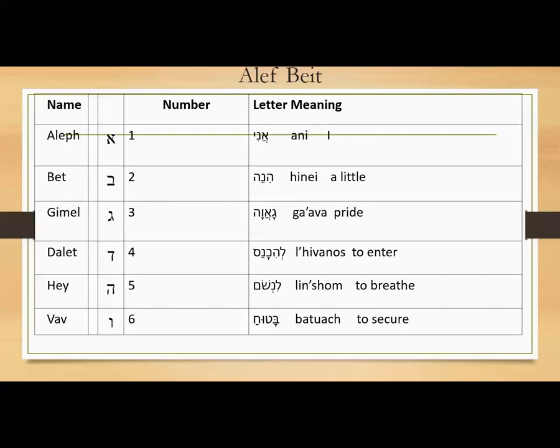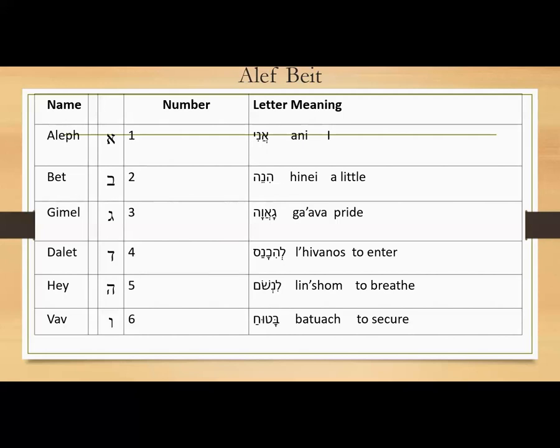Right, let's start. Aleph. Aleph is number one. That is the first letter of the alphabet. And our word is, who wants to read that for us? A-N-I. Well, it's Ani. Ani, yeah, thank you.